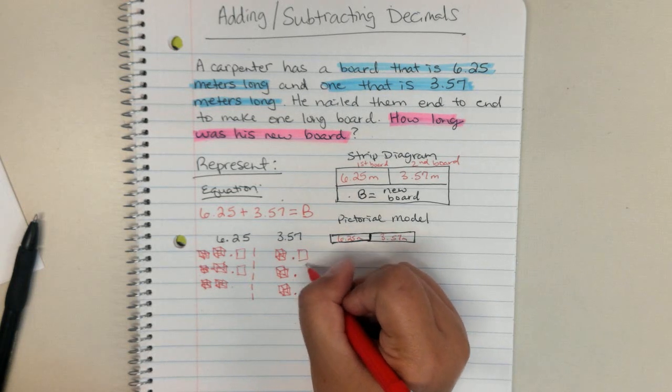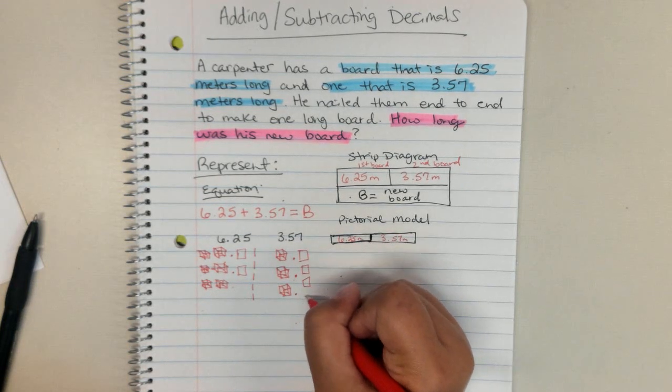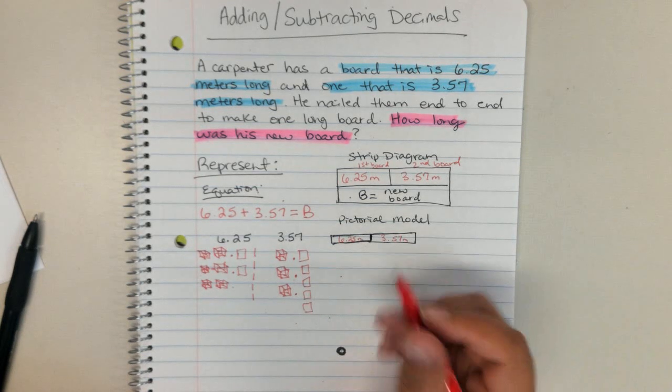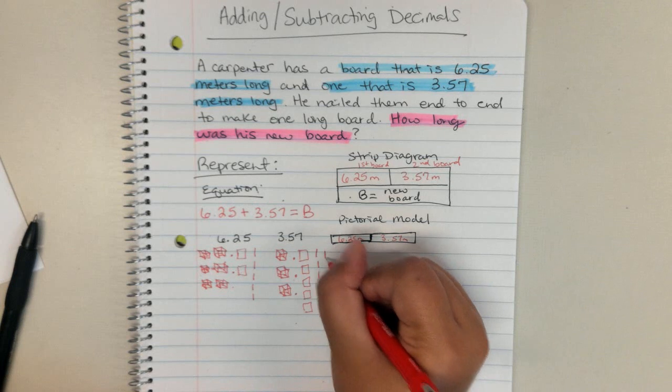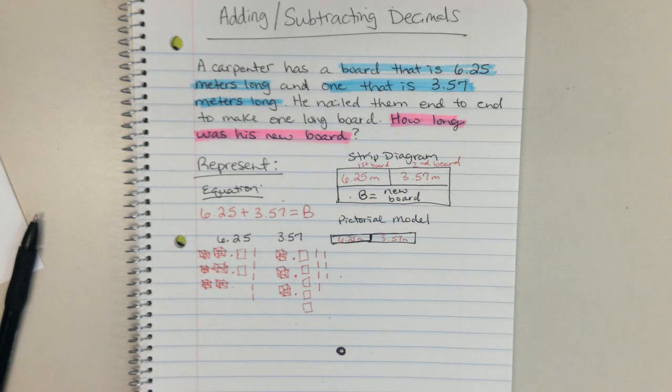I need 5 flats to represent my tenths place. And then I need 7 rods to represent my hundredths place. So now that I've represented the problem, I fully understand what equation I'm going to use, or what symbol I'm going to use as far as addition.